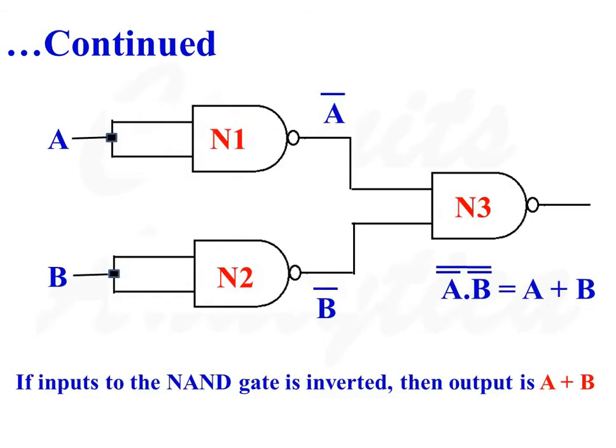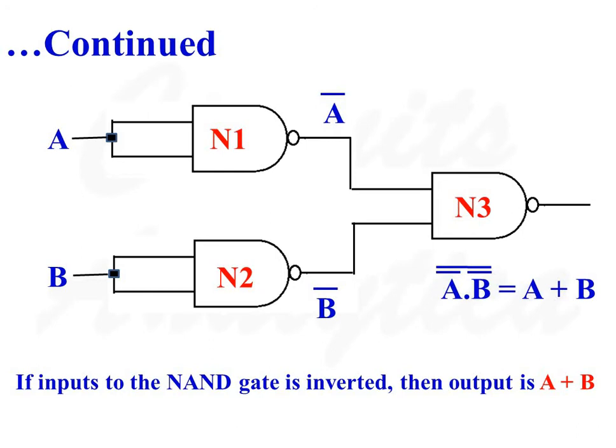Now here that logic function is implemented. The NAND gates N1 and N2 invert the input variables A and B. So the output of NAND gate N1 is equal to A bar and the output of NAND gate N2 is equal to B bar. And these two variables A bar and B bar are fed to the inputs of the third NAND gate N3.